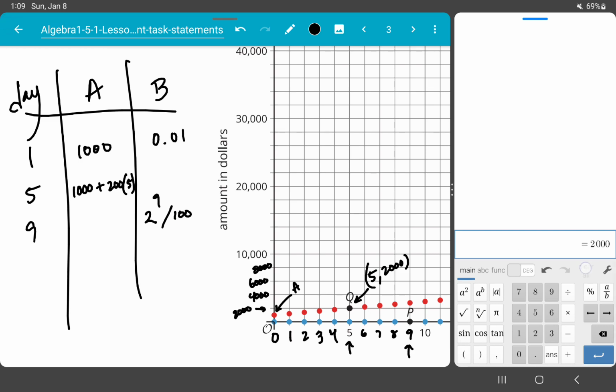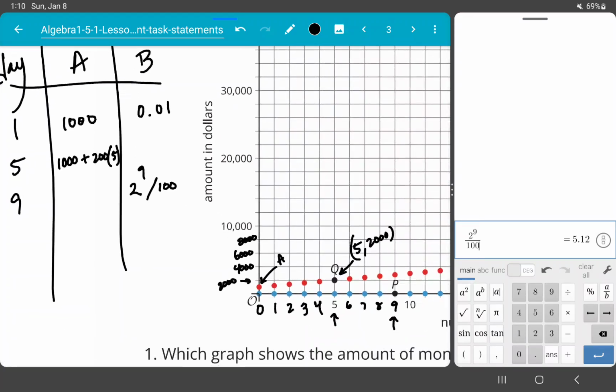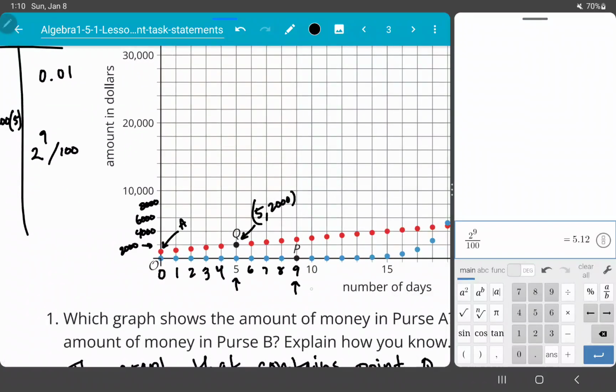So let's do 2 to the 9th power, and then divide by 100. Okay, so that's 5.12. So point P is located at 9, 5.12.